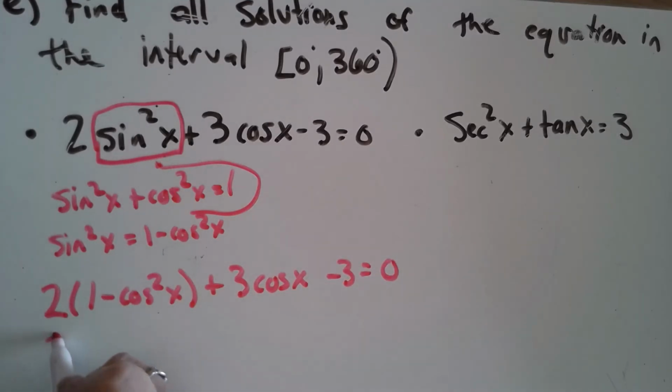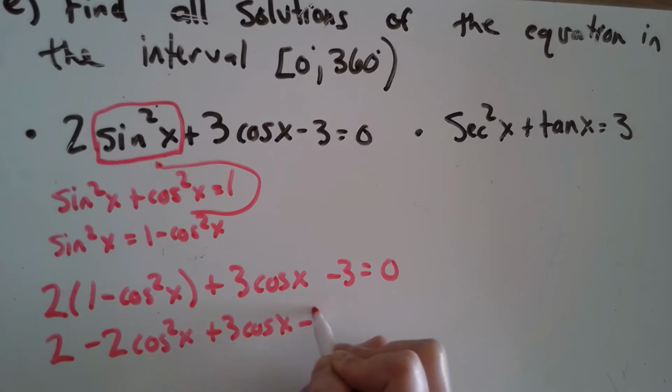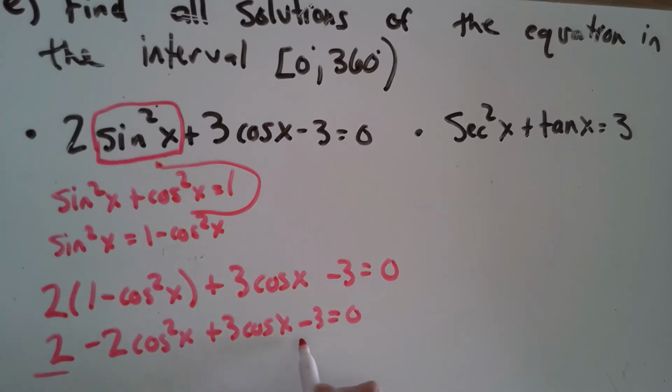So I get 2 minus 2 cosine squared x plus 3 cosine x minus 3 equals 0. Okay, combining like terms. Negative 2 cosine squared x plus 3 cosine x minus 1 equals 0.